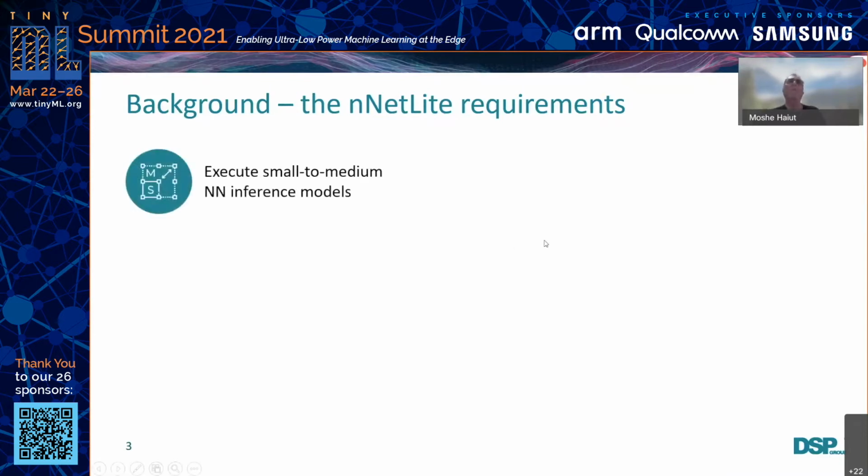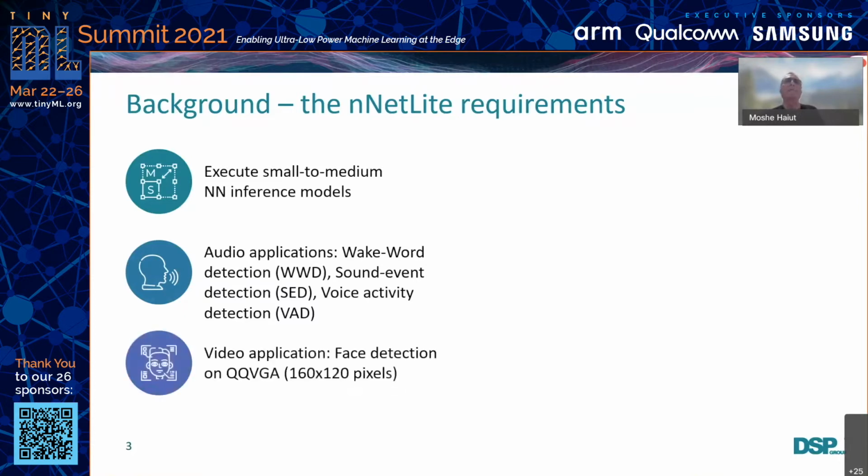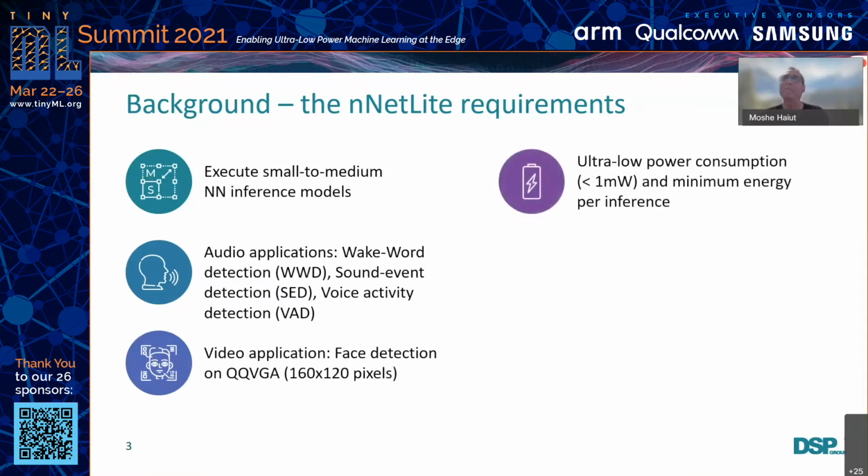The first requirement was that it should run small to medium neural network inference models. And there are some examples for this: wake word detection, sound event detection, and voice activity detection. And also from the video domain, face detection in QQVGA size of frames.